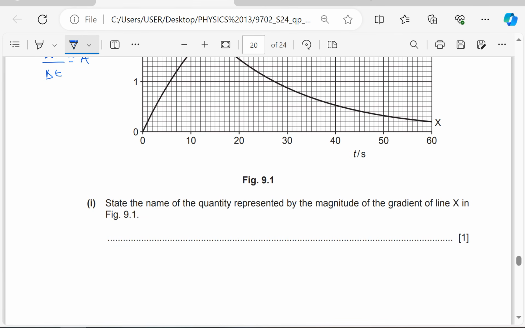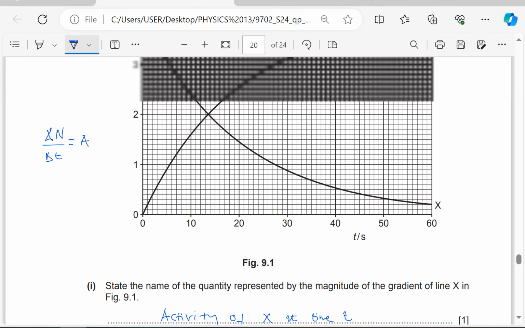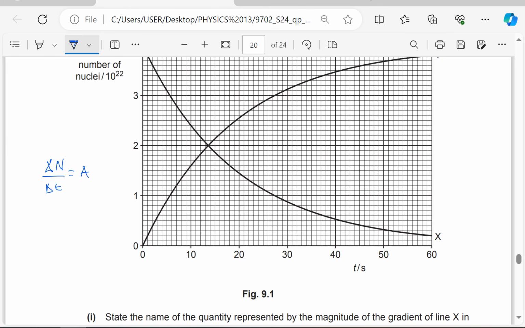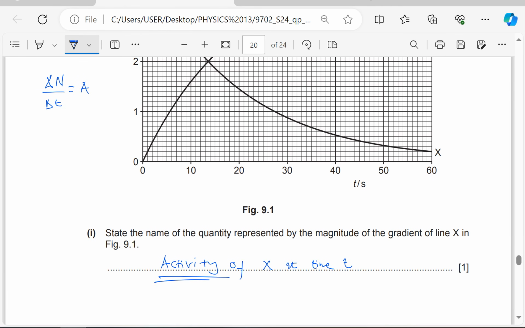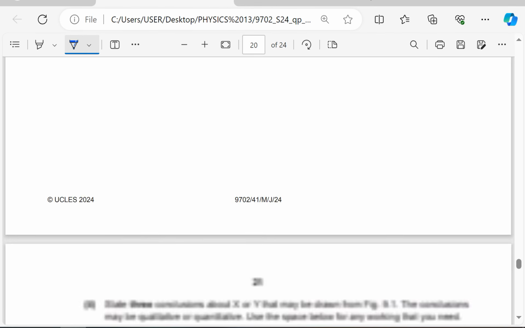So this is simply the activity of X at time t, because the gradient is change in N, the number of nuclei decaying, over the change in time. That is the same as the rate of decay, that is activity.